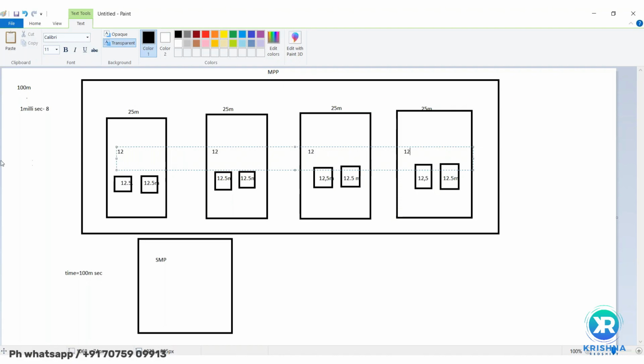Okay, so in 12 seconds, 12 records means 12 for all the slices. You see 12, 12, each slice 12, 12.